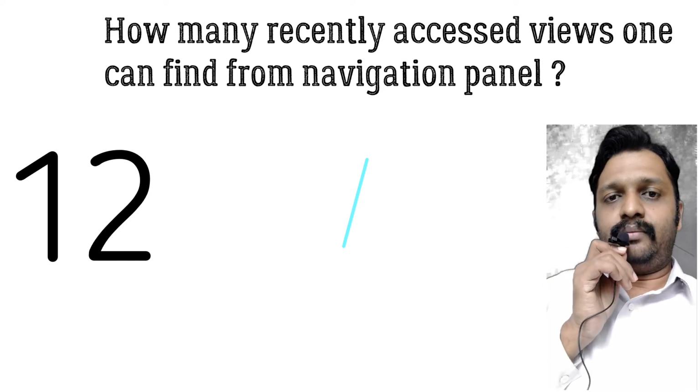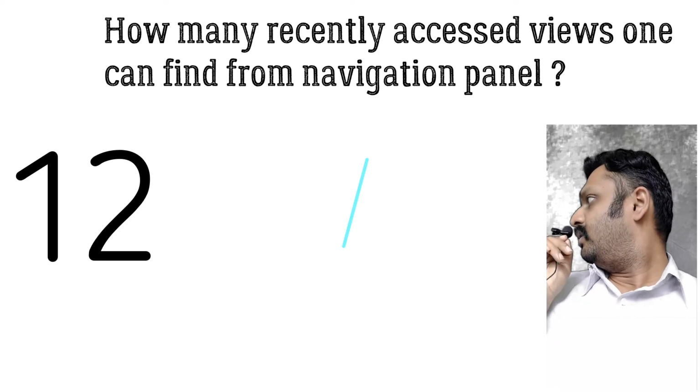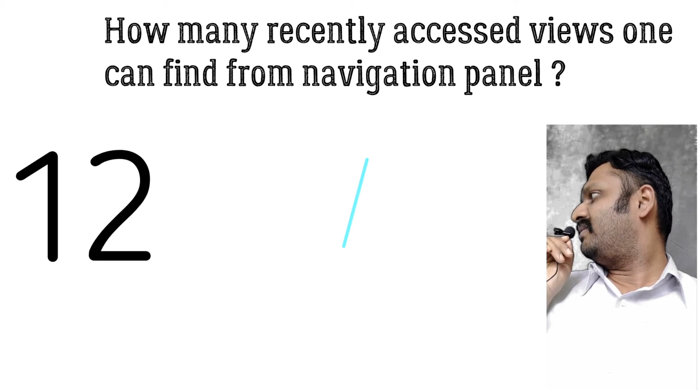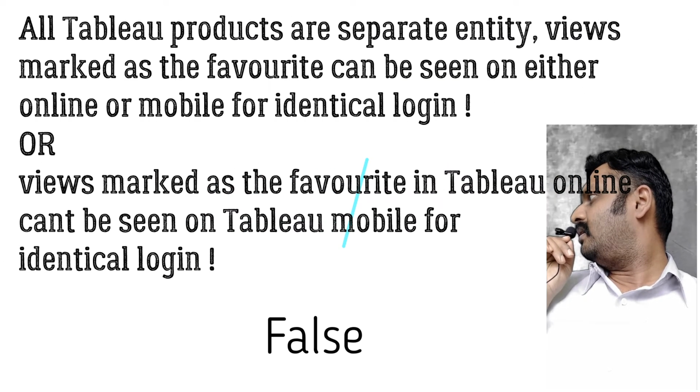How many recently accessed views can one find from the navigation pane? The number is 12. Twelve most recently accessed views we can see. Next question. All Tableau products are separate entities.